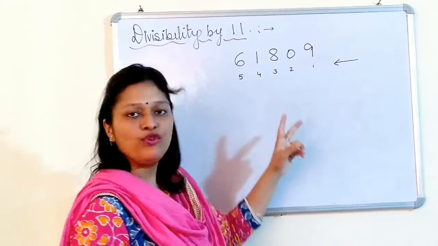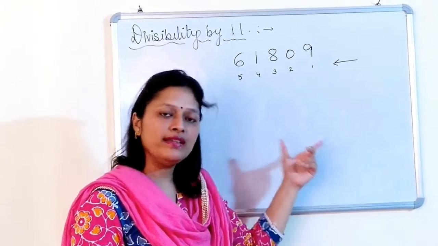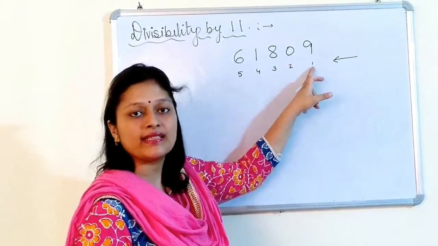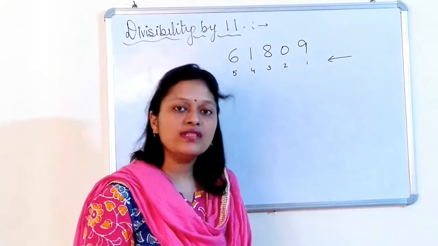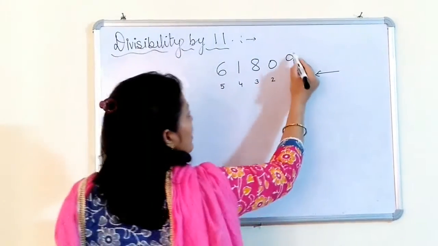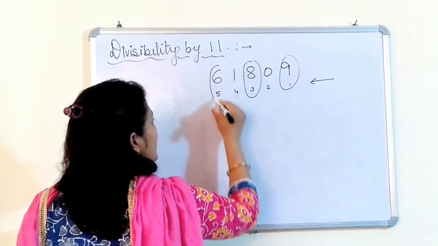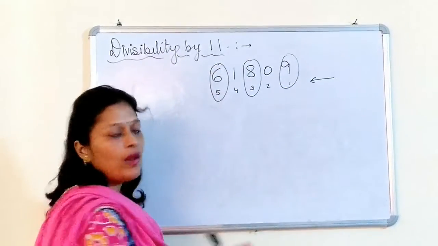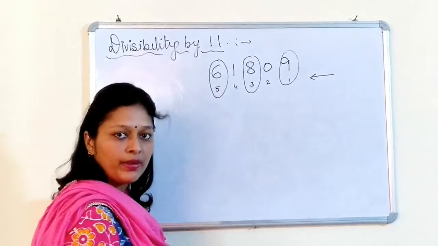Now you have to add the digits which are at odd places. What I said? I said you have to add those digits which are at odd places. Now you can see 9, 8 and 6 are at odd places. 1, 3 and 5 are odd numbers.